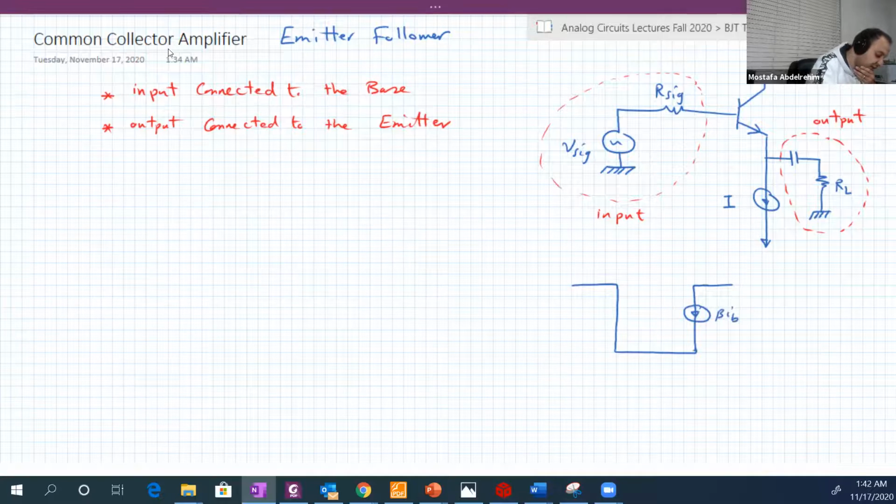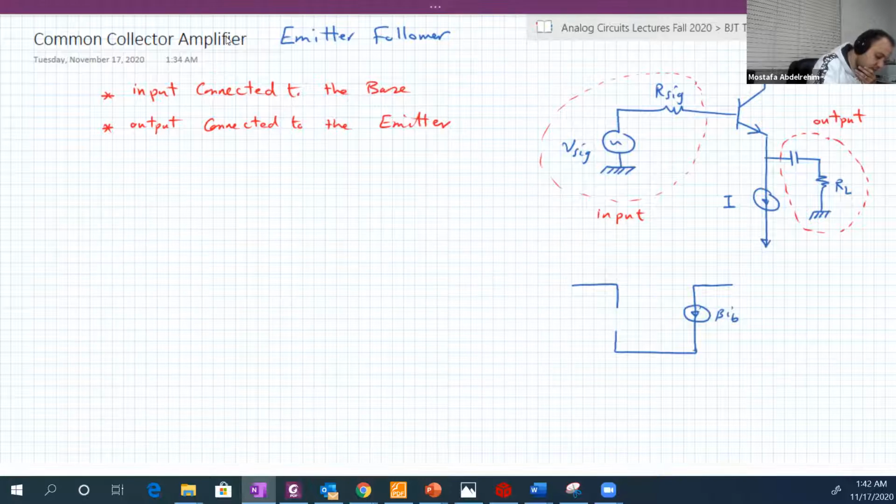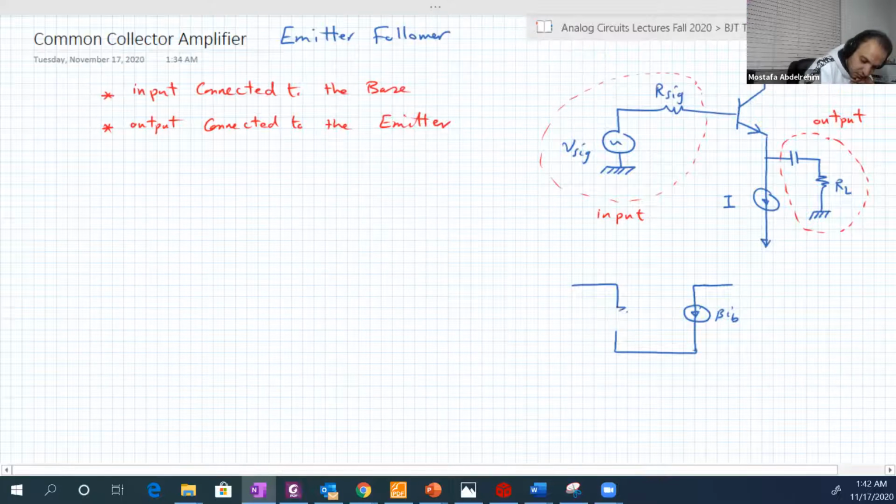Here is r pi, or RB. Here is IB. Here is the emitter, here is the base, here is the collector. And we continue the other part of the circuit.